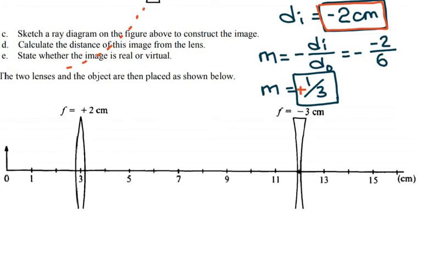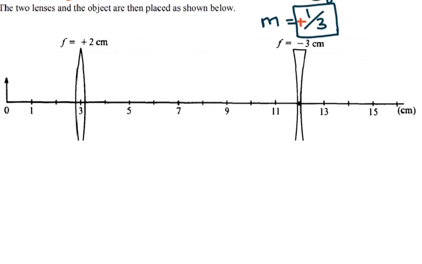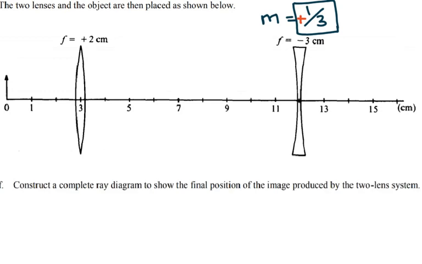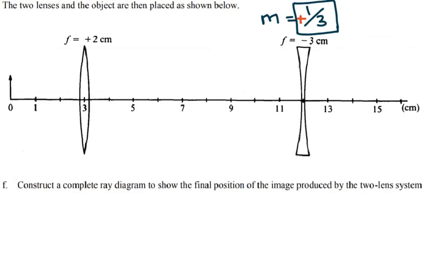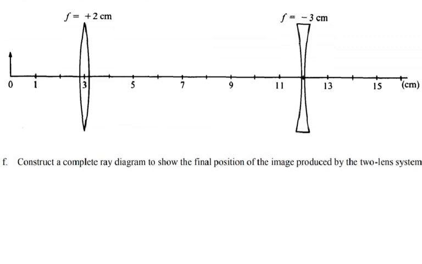So what we want to do is to construct a complete ray diagram to show the final position of the image produced by the two lens system. So the first lens had the focal length of 2, and the second lens had the focal length of -3.